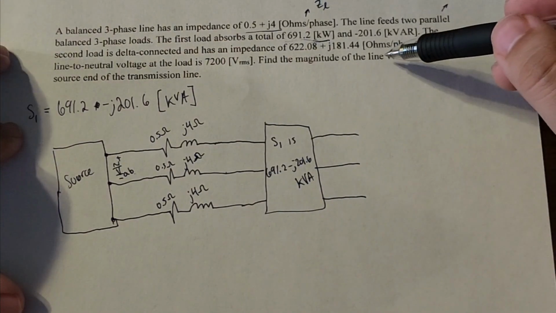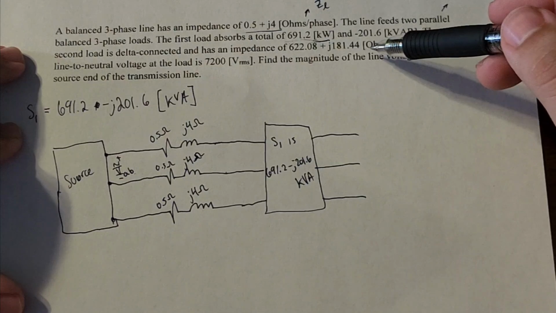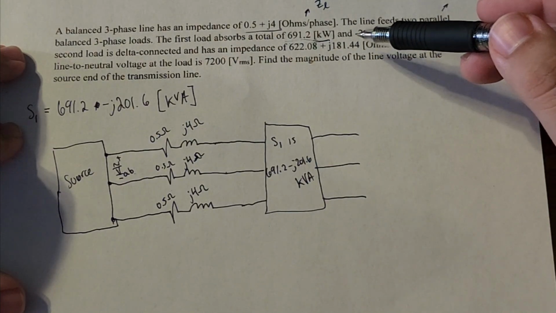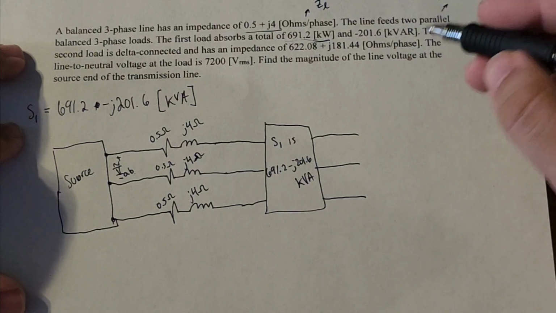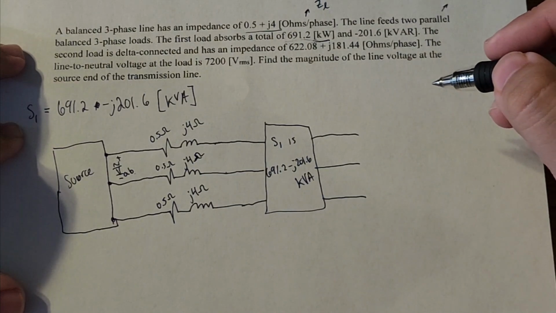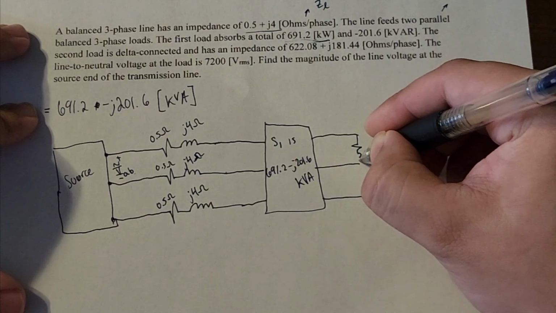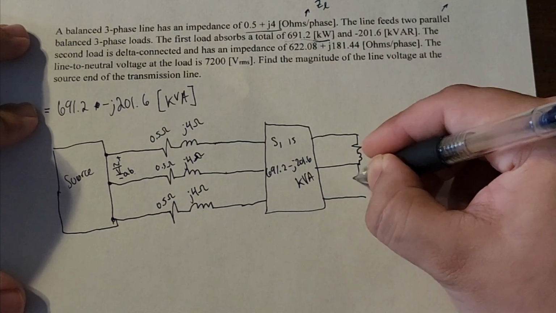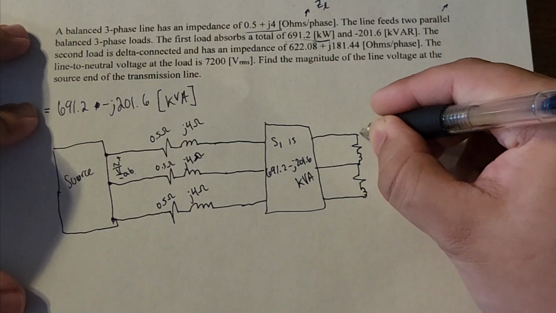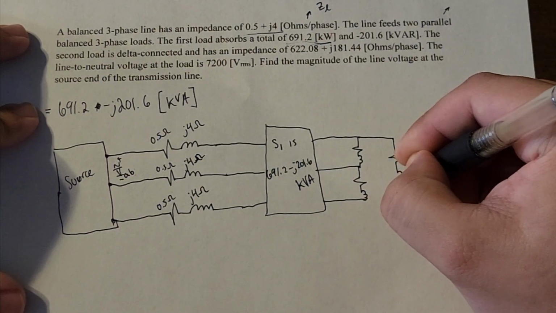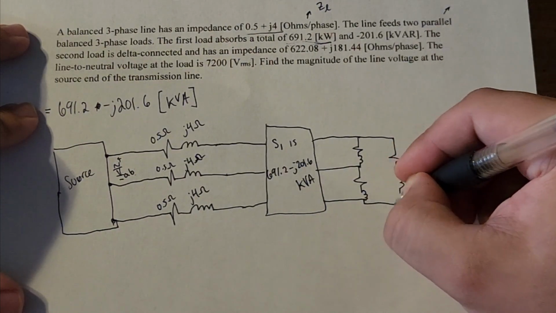And it says we have an impedance of, and it's delta connected, 622.08 plus j181.44. This is per phase, and it is delta connected. So what we're going to have here is a resistor in series with an inductor, then another resistor in series with this inductor, then this resistor in series with this inductor.